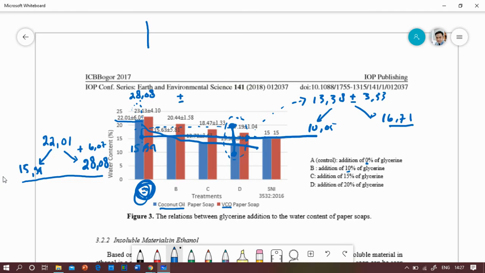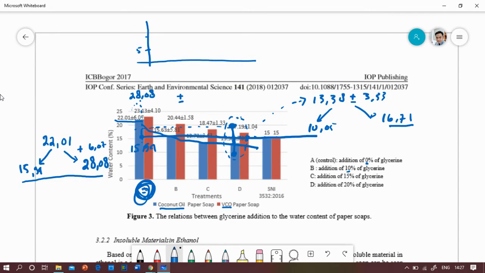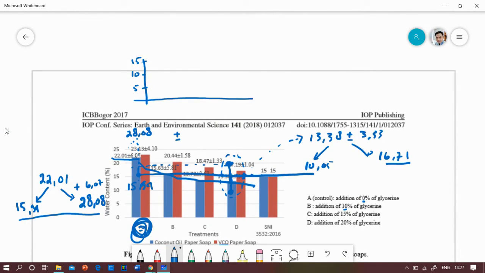Let me give you a better picture in here. So let's say this is 5, and then 10, and then 15, and then 20, and then 25, and then 30, something like that.